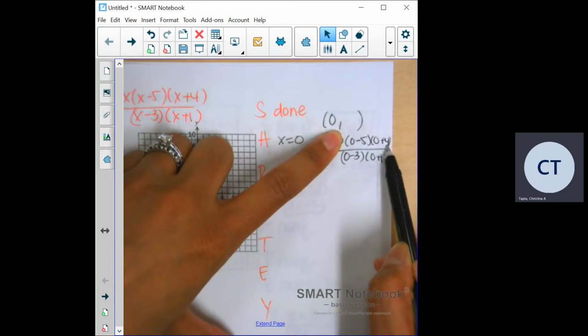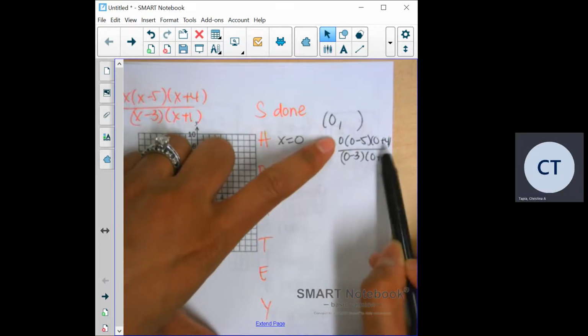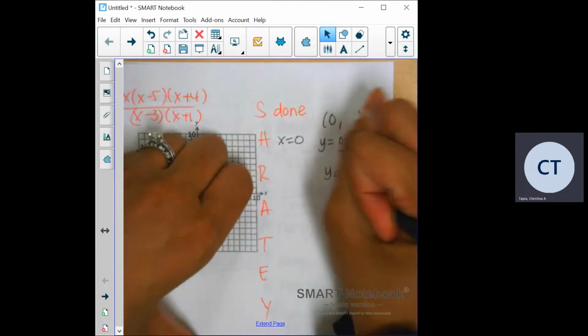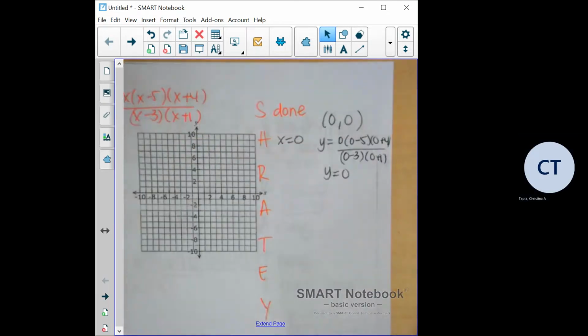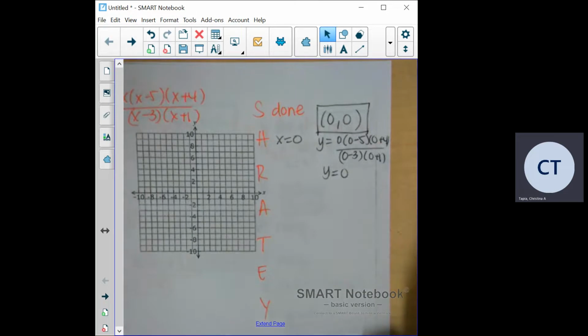What's negative 5 times 4? Negative 20. But what's 20 times 0? 0. So I don't really care what the numerator is here. When you're multiplying it by 0, your y value is also going to be 0. So it looks like we have a hole stuck at the origin.